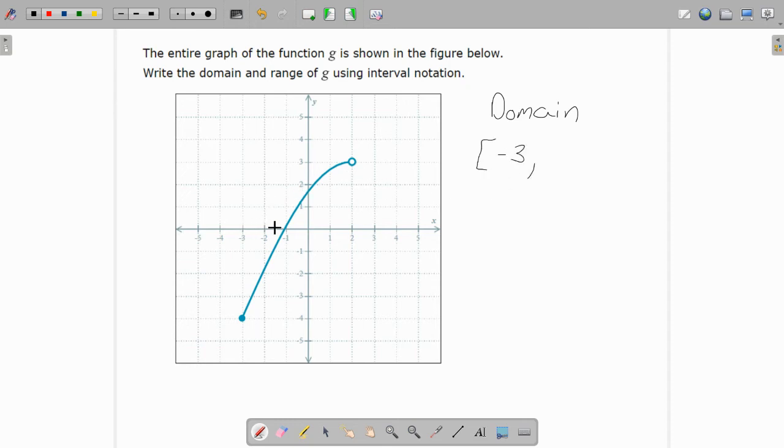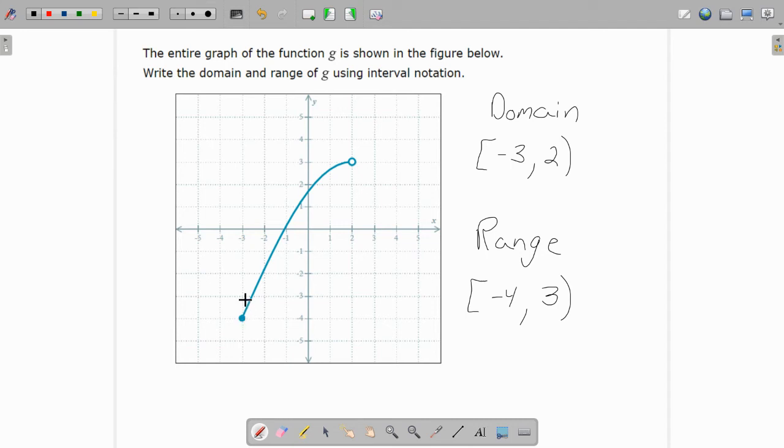How far right do we go? 2, and it's an open circle, so a parenthesis. For the range, the bottom is -4 with a filled in dot, so bracket -4. The top of this graph is at 3 with an open circle, so 3 with a parenthesis.